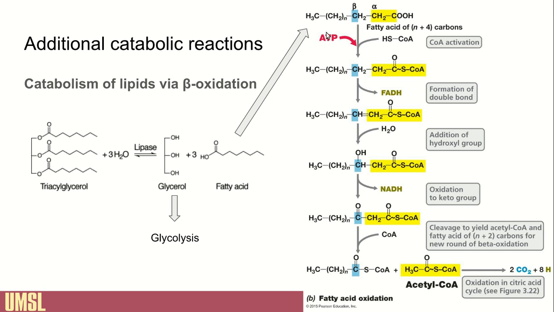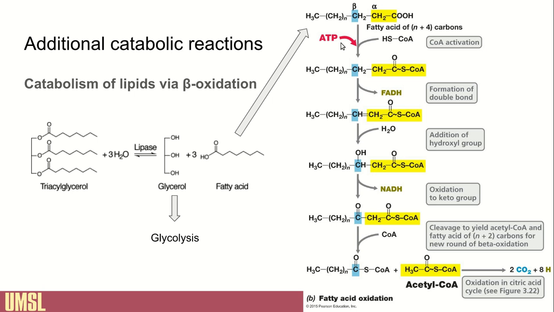And so the process of beta oxidation is essentially oxidizing this second carbon sequentially so that this carbon-carbon bond here can basically be broken by the introduction of acetyl-CoA.